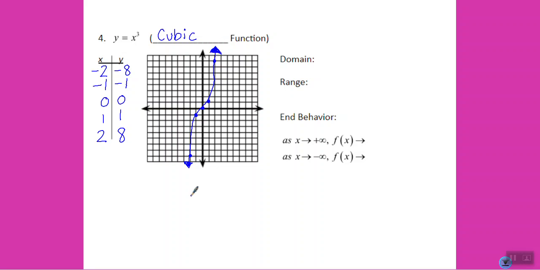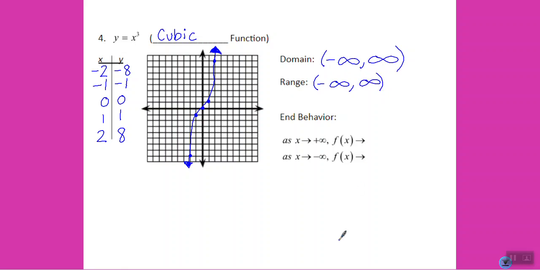Since we can cube any number, and we have an arrow on the left and an arrow on the right, the domain is -infinity to infinity. Our range, since we have one arrow pointing down and one arrow pointing up, is -infinity to infinity.